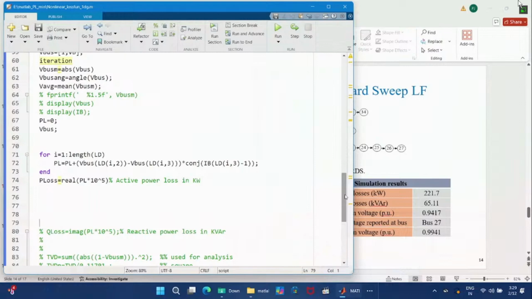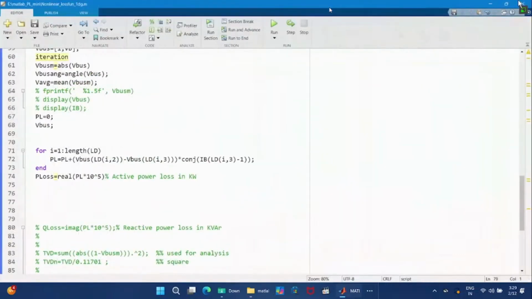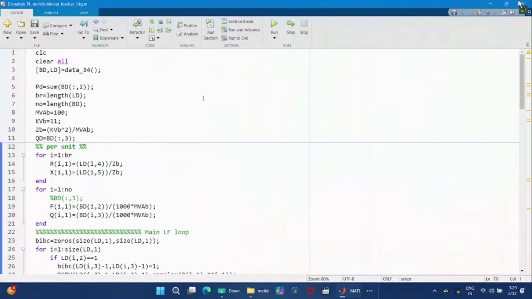Now the next part we are supposed to discuss is where to place capacitors and maybe some battery energy storage device. Therefore we go for a certain formulation, so we have to go for an optimizer algorithm. In that case there will be some modification in this data file.